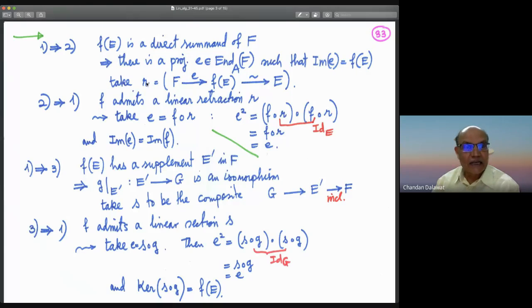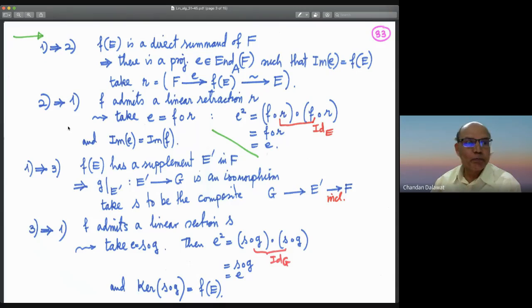Take r to be this retraction: you apply your projector and then take the isomorphism of f of E with E. Little f is an isomorphism of E with f of E because it's an injective map. So it has an inverse, take the inverse of that isomorphism, right? And you can check that this r is a linear retraction.